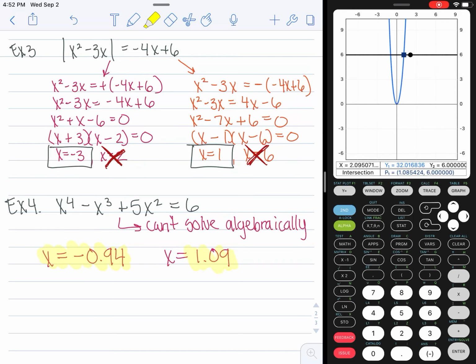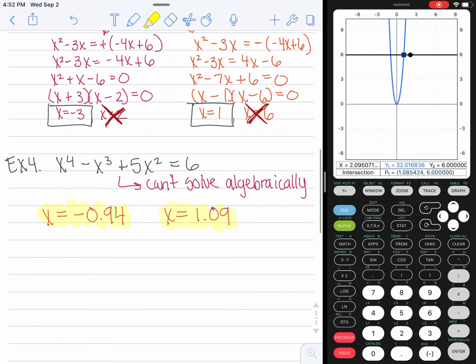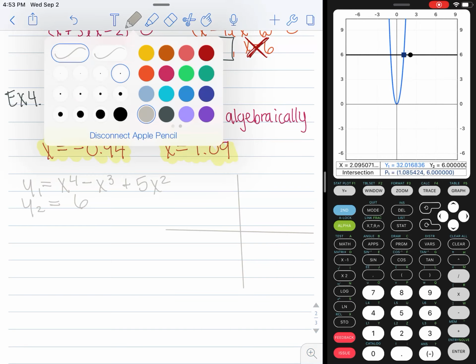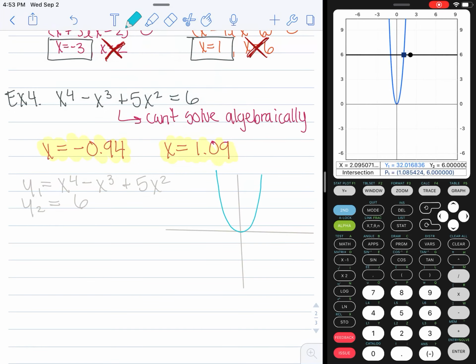Again, sometimes you can't go algebraically, so you got to go graphing, okay? So for this, I'm going to make sure I tell my teacher that the way I graphed it was putting the left side into y sub 1, the right side was the y sub 2, and of course I'm going to sketch it out to the best of my ability so my teacher sees where the intersections are happening.